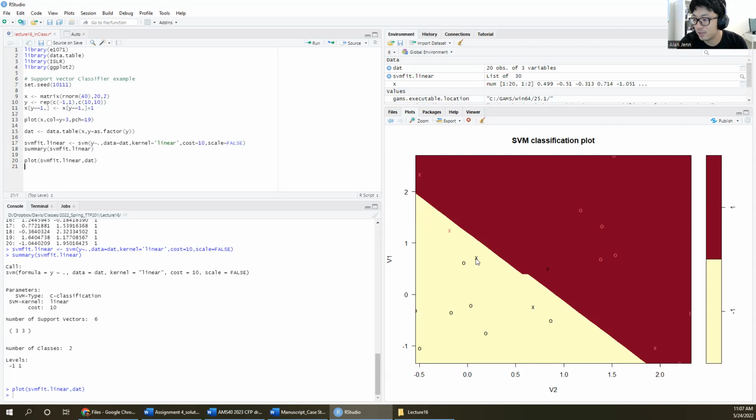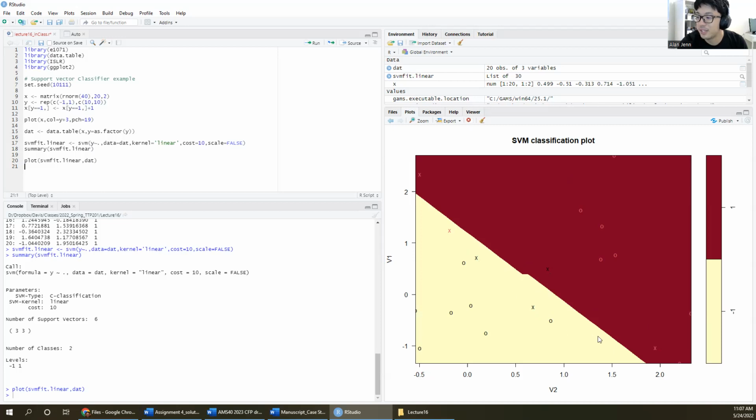So 1, 2, 3, 4, 5, 6. And I think there's some circles here. Oh, no, that's actually on the right side. Wait a minute. Oh, sorry. The X's are the violations on both sides, and then it's by color.